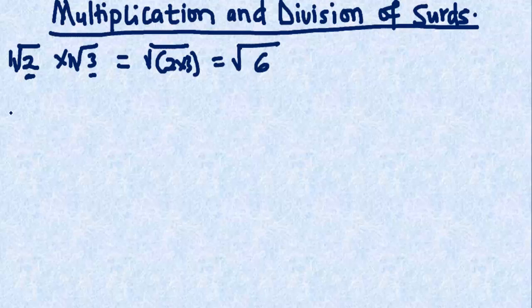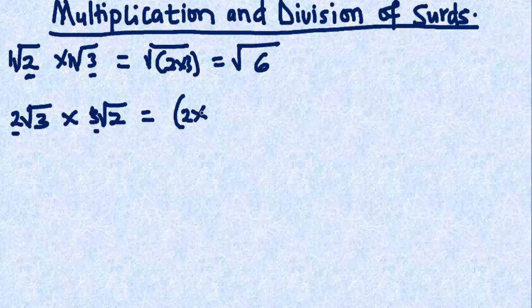In the same way, if you have 2 root 3 multiplied by 3 root 2, in this case, numbers outside the root will multiply, and the numbers inside the root will multiply in the root. So we have 2 times 3 outside.